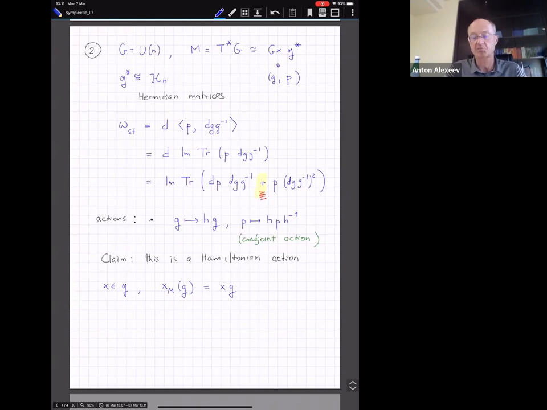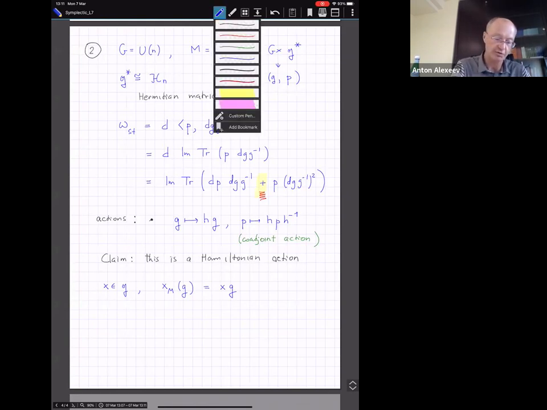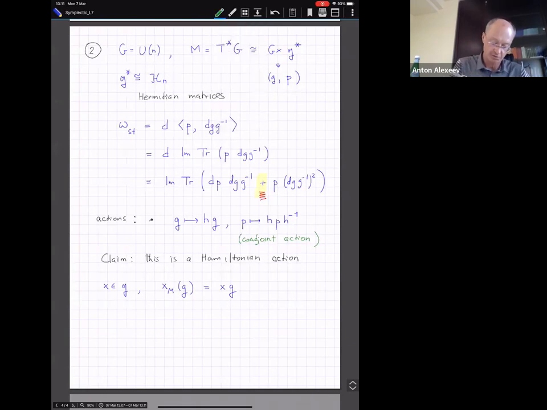So you see H multiplies on the left. To get this result, I need to take d over dt of exponential of tx times g at t equals 0, and this is xg.